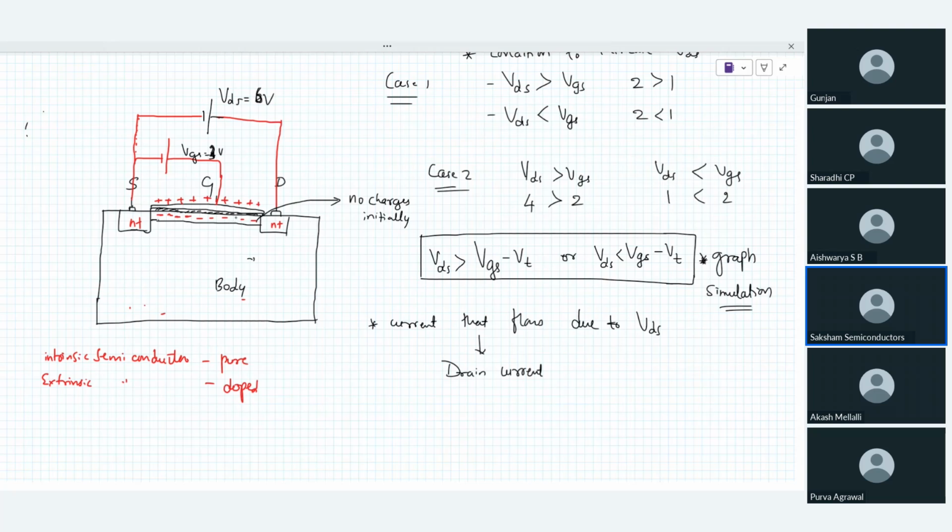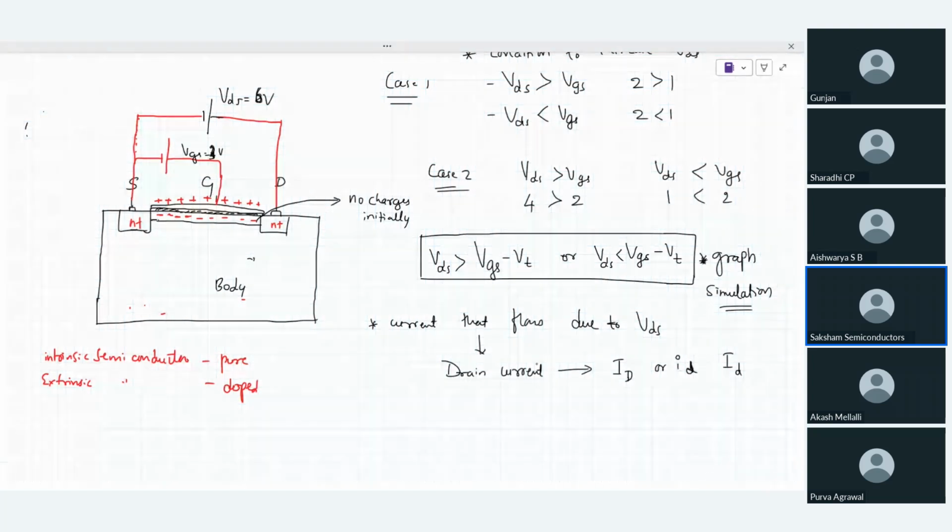So let us not get confused about that. So drain current is the convention name that has been given, but the electrons actually flow from source to drain, and it is denoted by the term ID, in whatever manner you can mention. So that's my drain current.